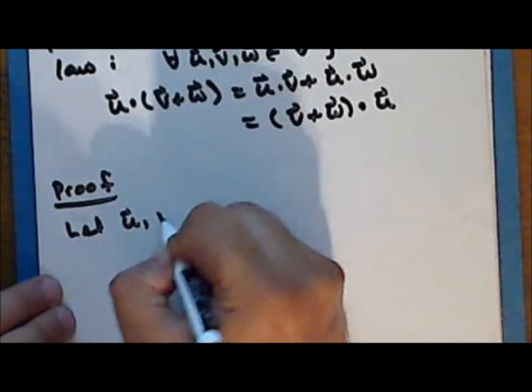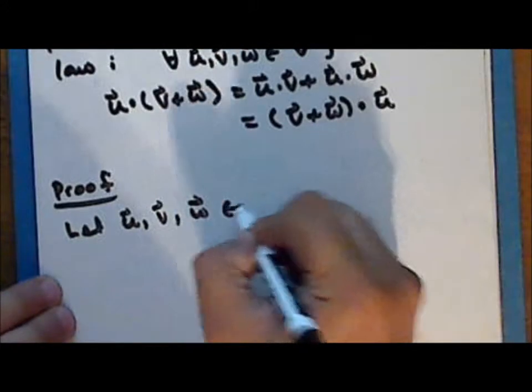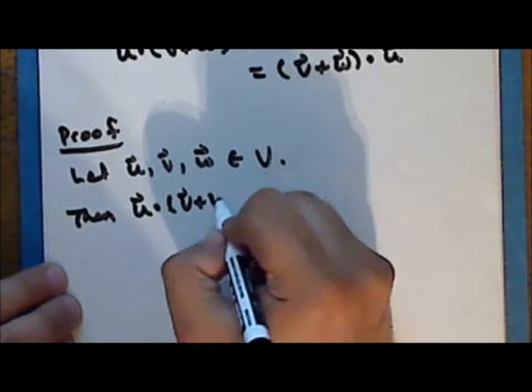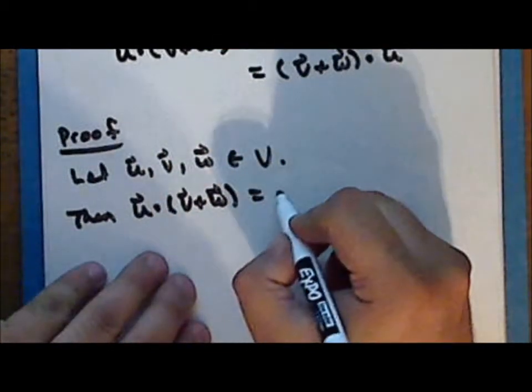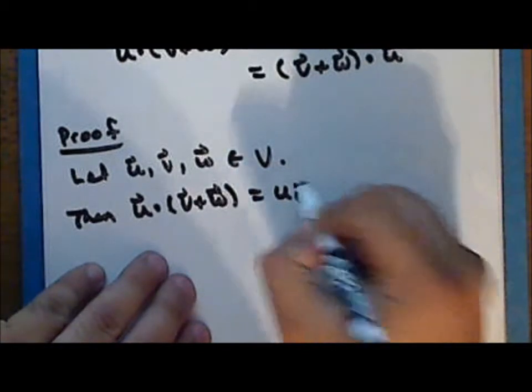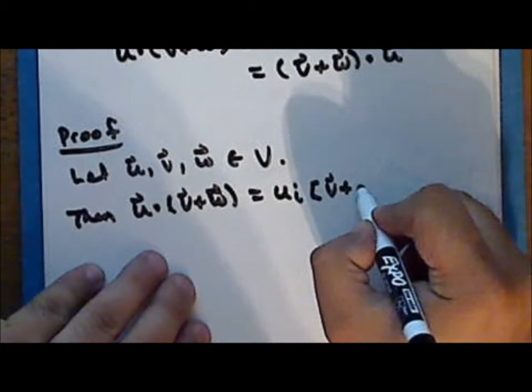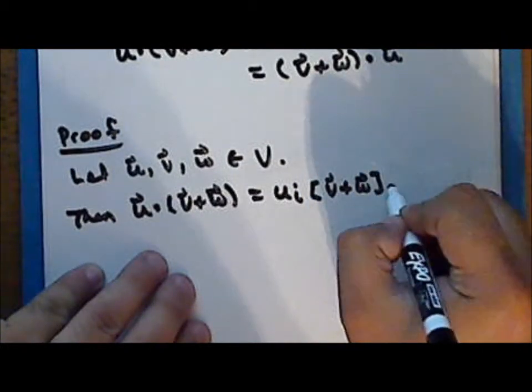Let u, v, and w be three vectors. Then u dot the sum v plus w is the sum of the products of corresponding components. So this is u sub i times the ith component of v plus w.